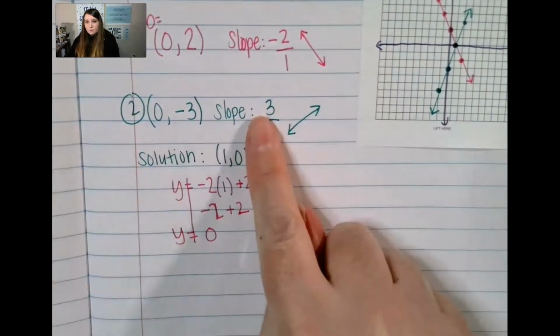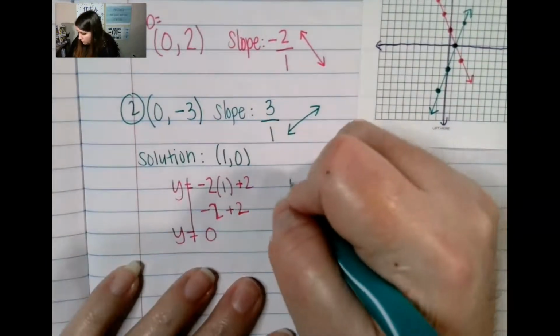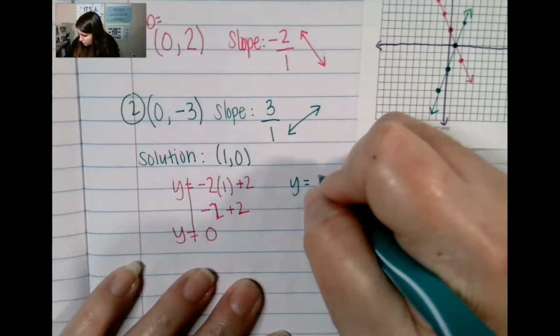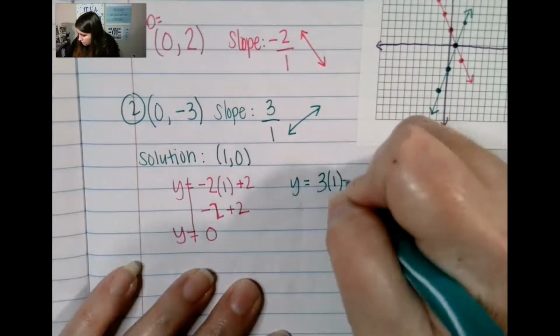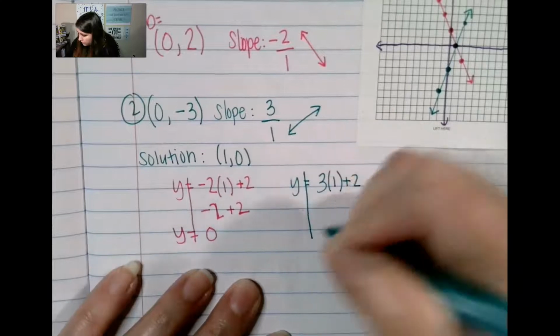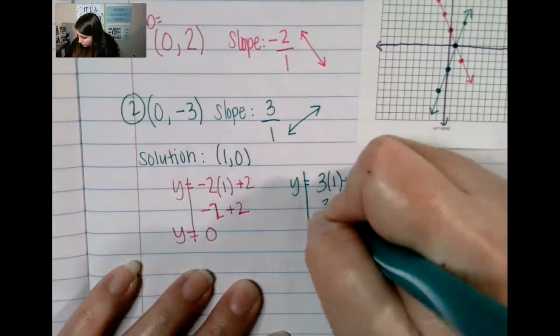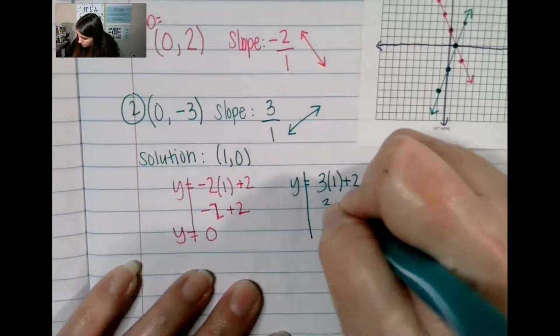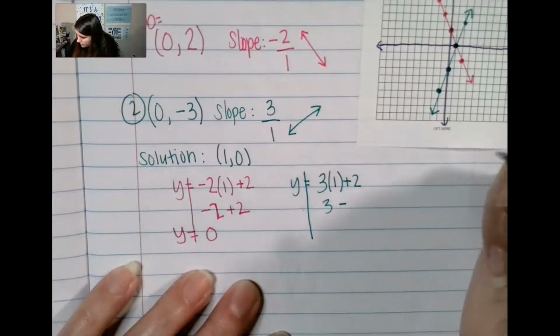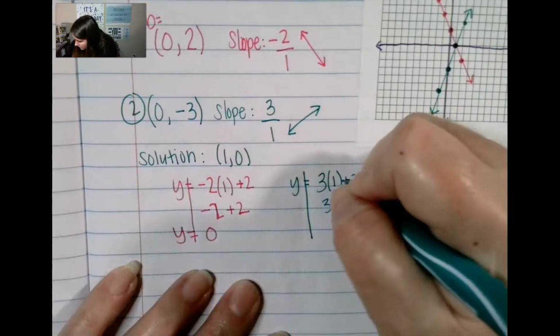And then in this one, if I were to put y equals 3 times 1 plus 2, I would get 3. Why did I mess that up already? This should be minus 3.